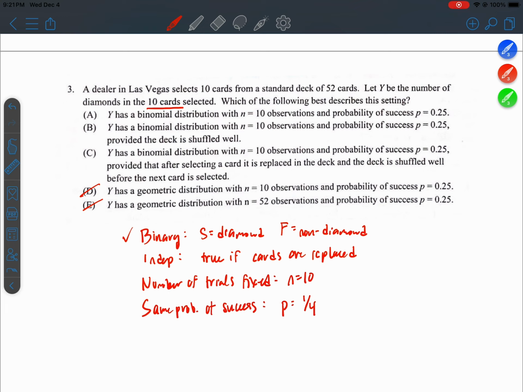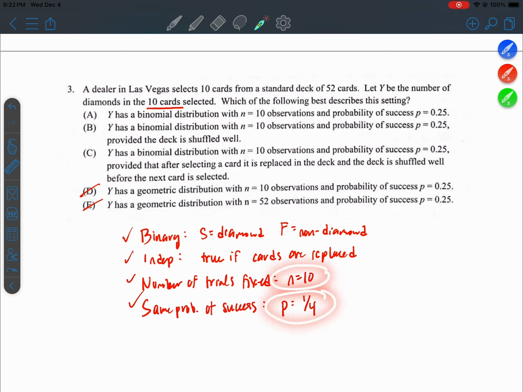So you have a 1 in 4 chance of getting diamonds. All of this is true as long as the cards are replaced. So A says Y has a binomial distribution with n equals 10 observations and probability of success 0.25. Yeah, that matches what we have here.